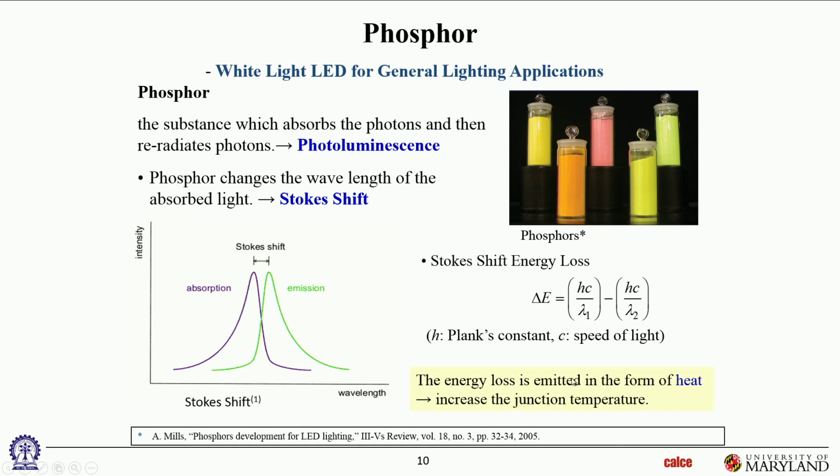And that excess loss is, of course, coming out as heat. So the phosphor is generating a lot of the heat, increasing the junction temperatures and so on. And the phenomenon of that, by the way, is called photoluminescence. You're exciting it with one frequency of energy, and it's absorbing it and re-emitting a different frequency. That's photoluminescence.